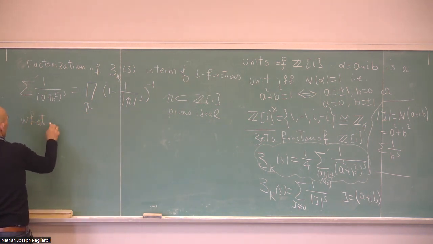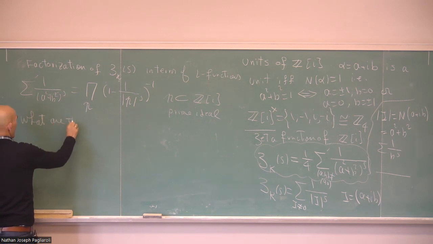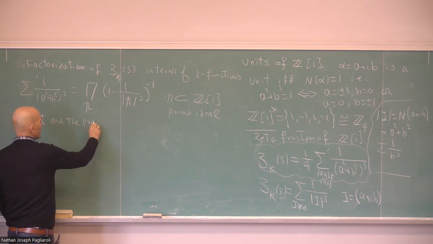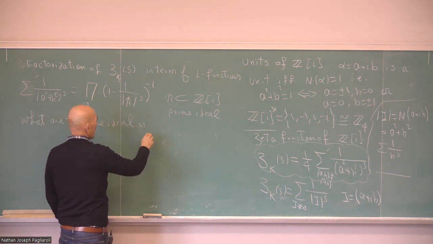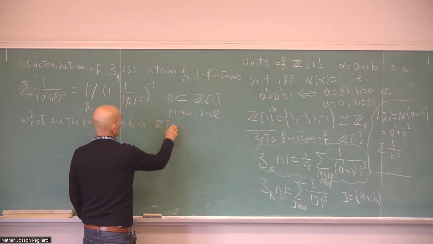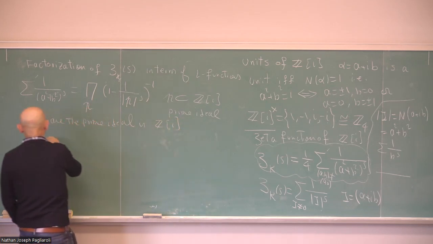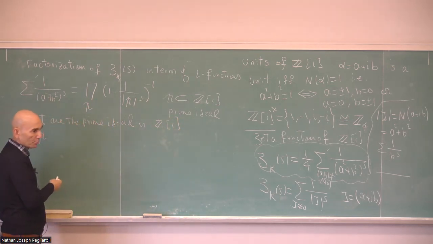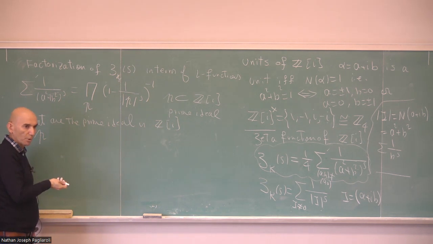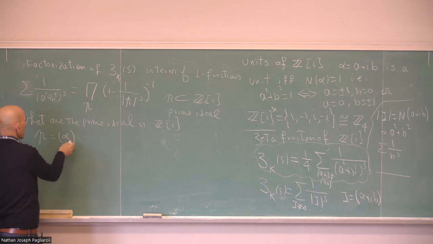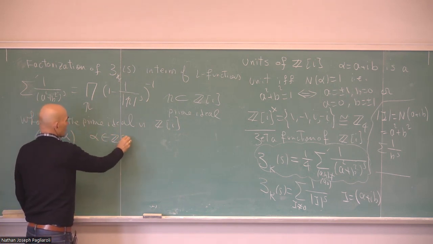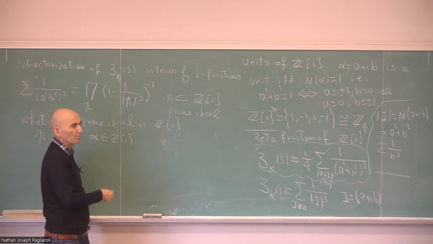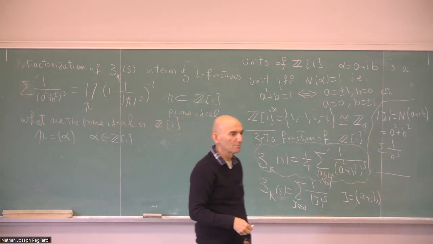So the question is, what are the prime ideals in Z[i]? Of course, we know that any ideal, in particular prime ideals, is principal, so it's equal to (alpha) for some alpha belonging to Z[i]. But the question is, what are the choices for alpha that make it prime?